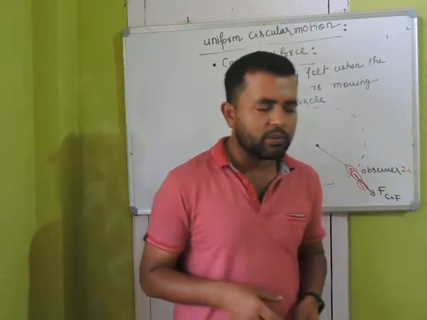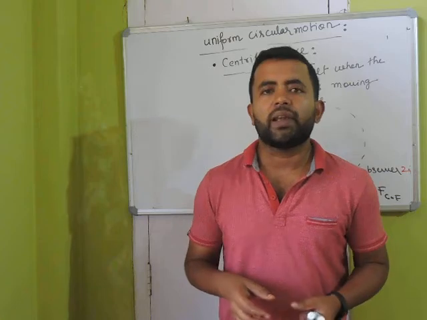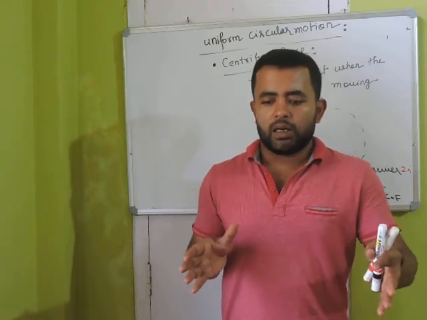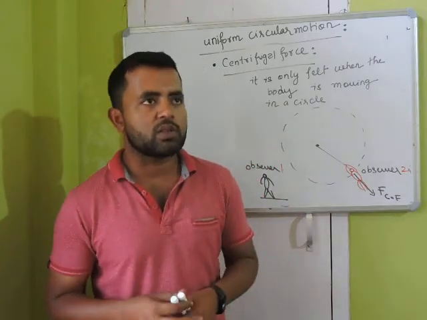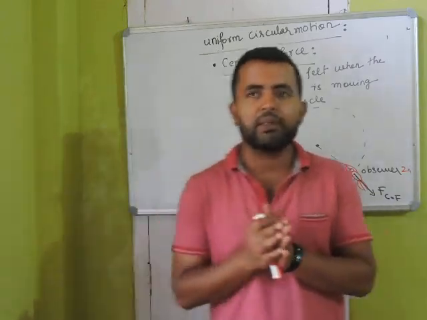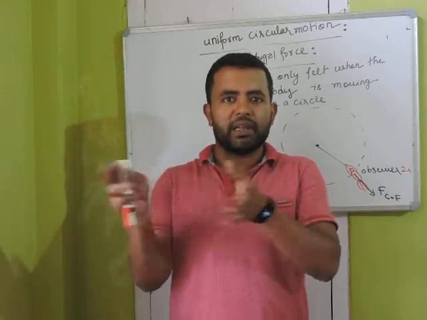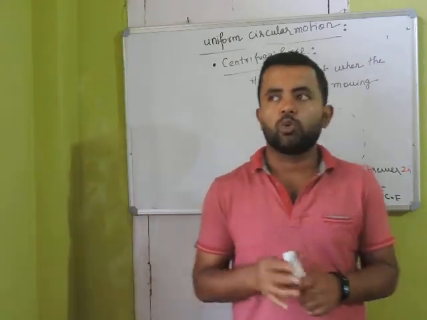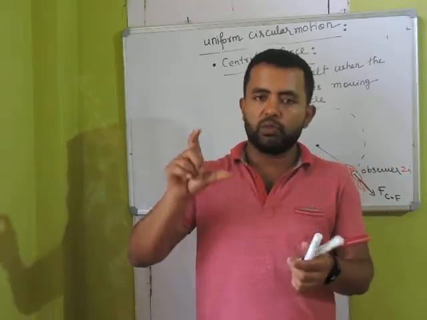The third example I am going to take is the centrifuge, if you have heard of it. A centrifuge is used to separate lower density and higher density material or liquid.